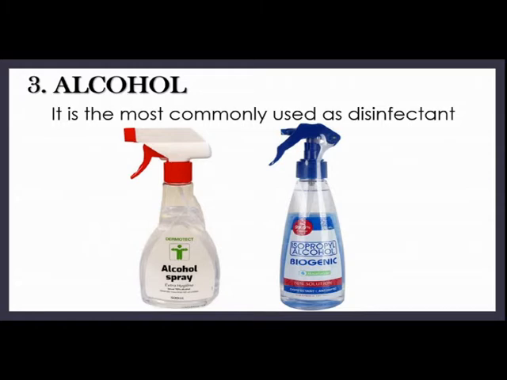Okay, it is also the most commonly used cleaning agent as a disinfectant. So we often use this nowadays as well whenever we touch something that we feel is dirty. So we use alcohol.